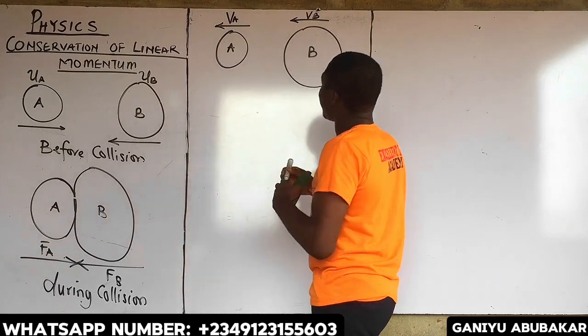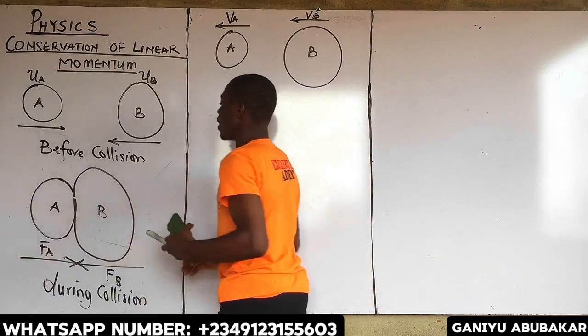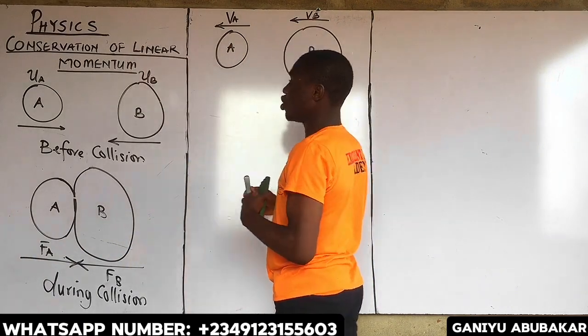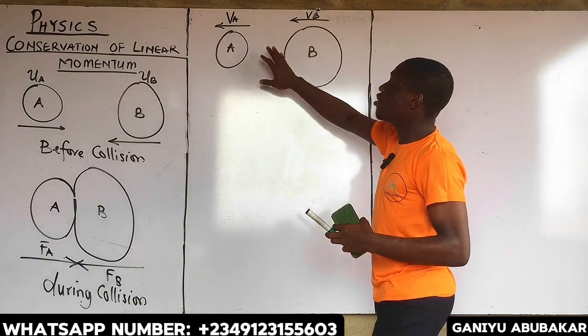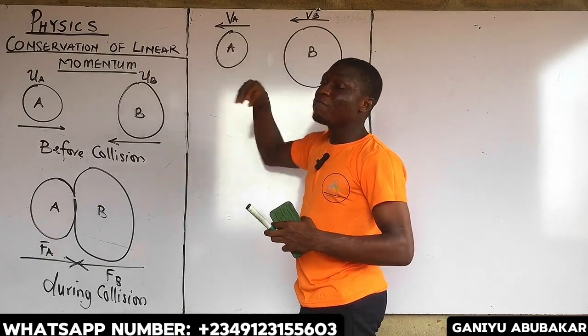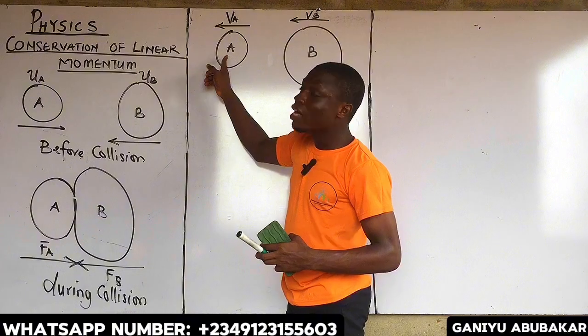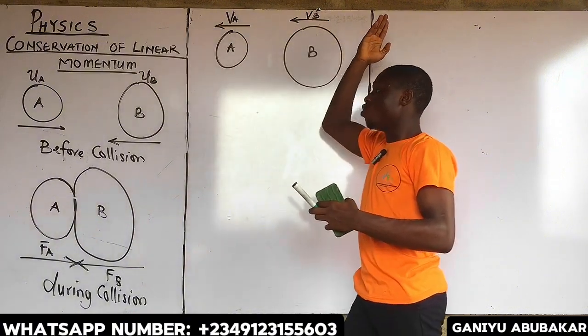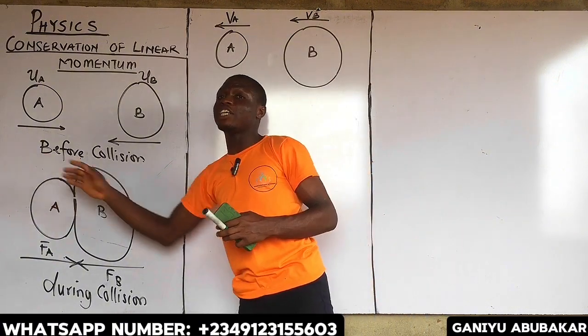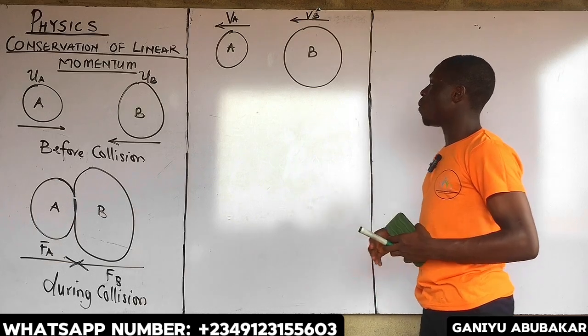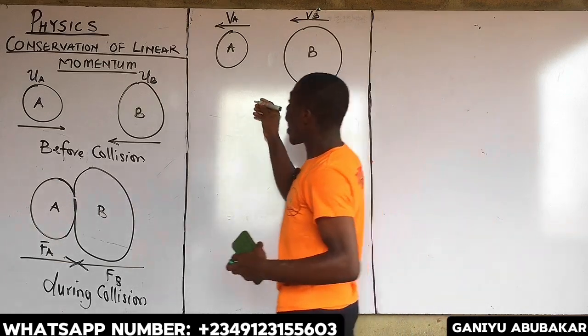So let's say after the two objects collide, they are both moving in this direction. I just assume this. If A has bigger momentum, it means that they are going in this direction. But let's assume that they are both going in this direction. I'll have something of this nature, right? So this is after collision.